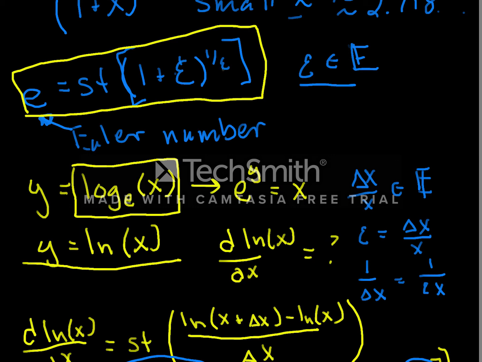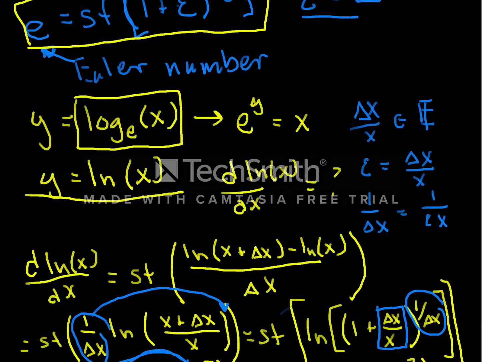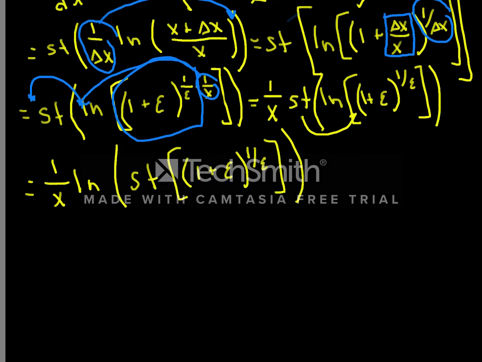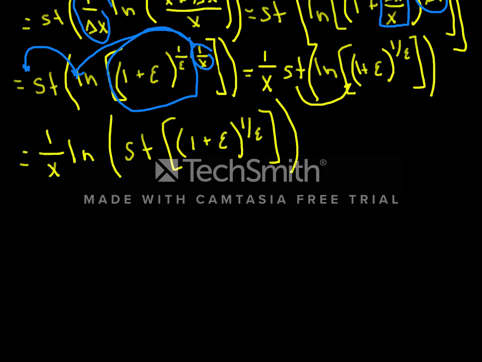It is the standard part of that, which means coming down here, this is equal to 1 over x times the natural log of e, and e to what power equals e? Well, the natural log of e is 1. And so this is 1 over x.